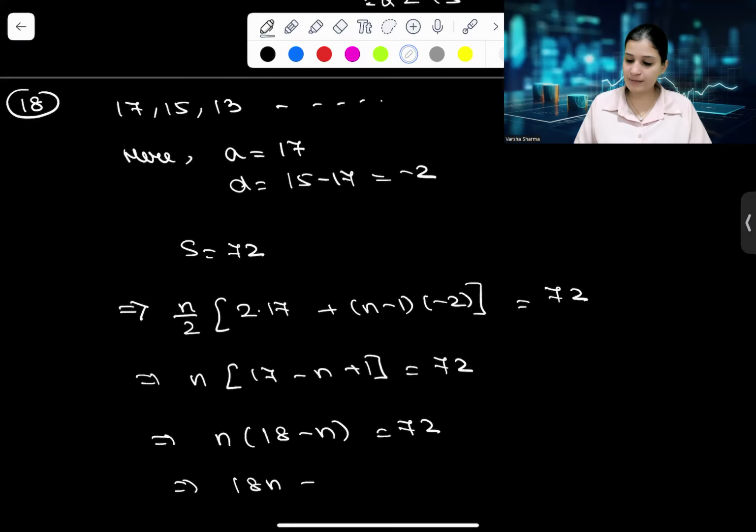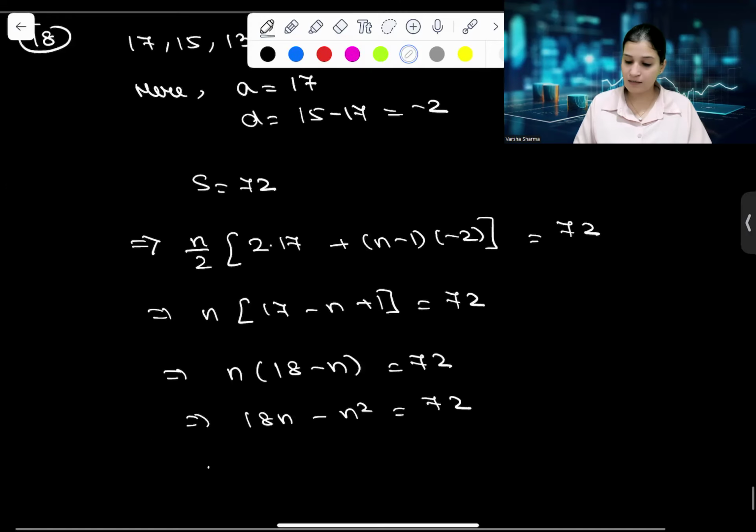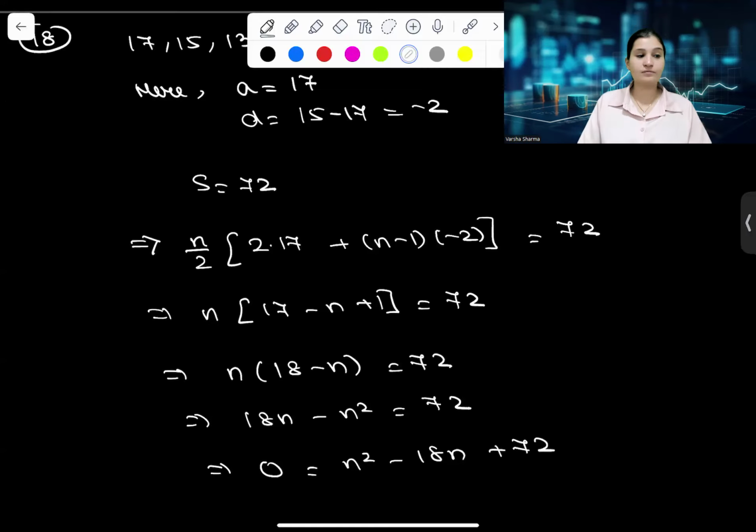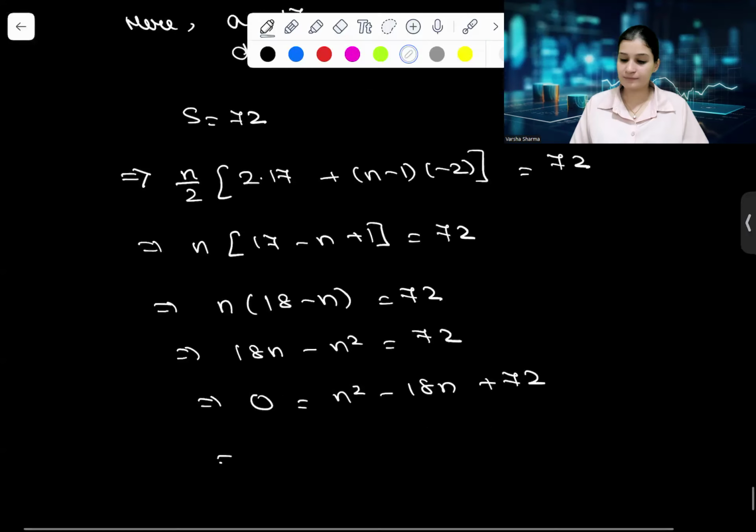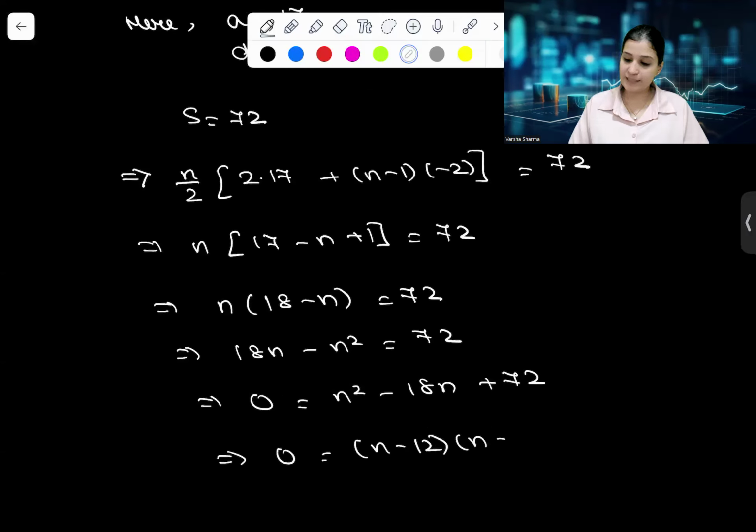Multiply. 18n minus n square is 72. n square minus 18n plus 72 is 0. 12 and 6. n minus 12, n minus 6. So n is 12 or n equal to 6.